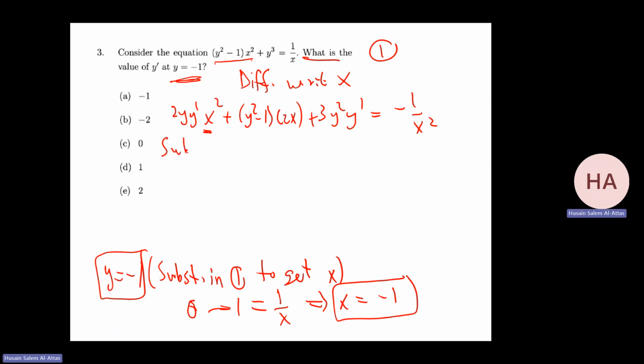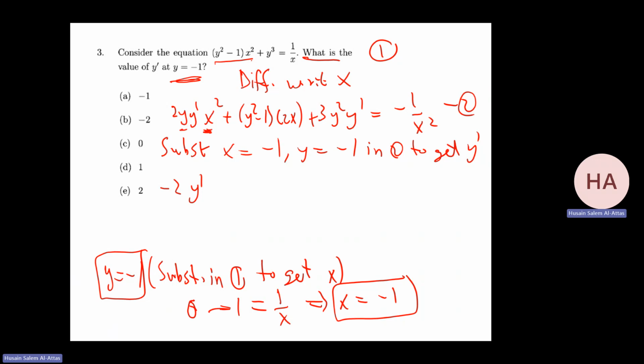So substitute. Let me call this 2. X equal minus 1, y equal minus 1 into 2 to get y prime. So I have what? Here I have minus 2 y prime, because this is minus 1.